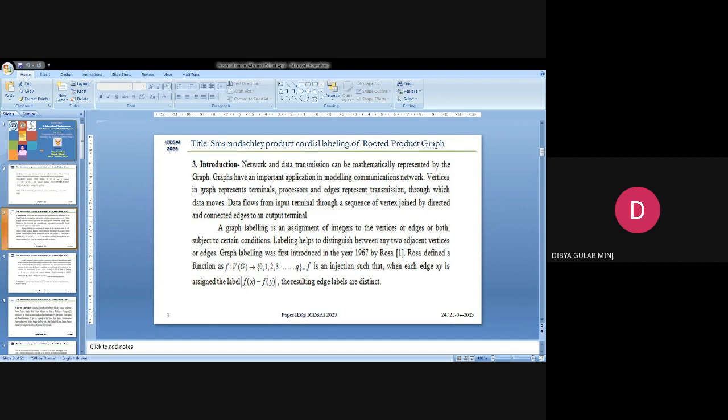The rooted product graph of a graph G and a rooted graph H is defined as follows.